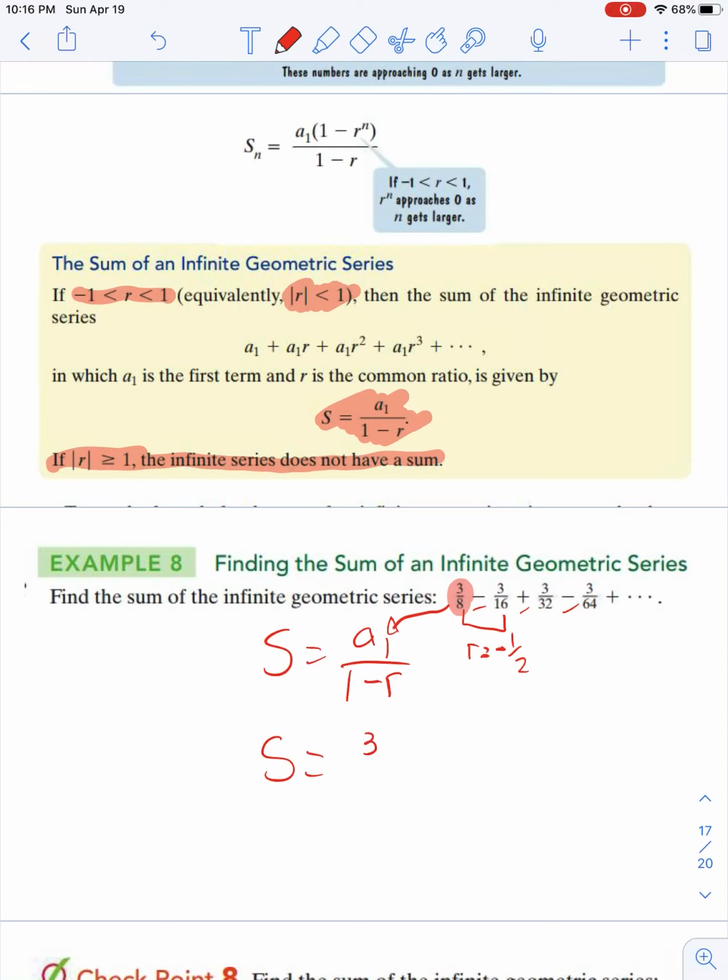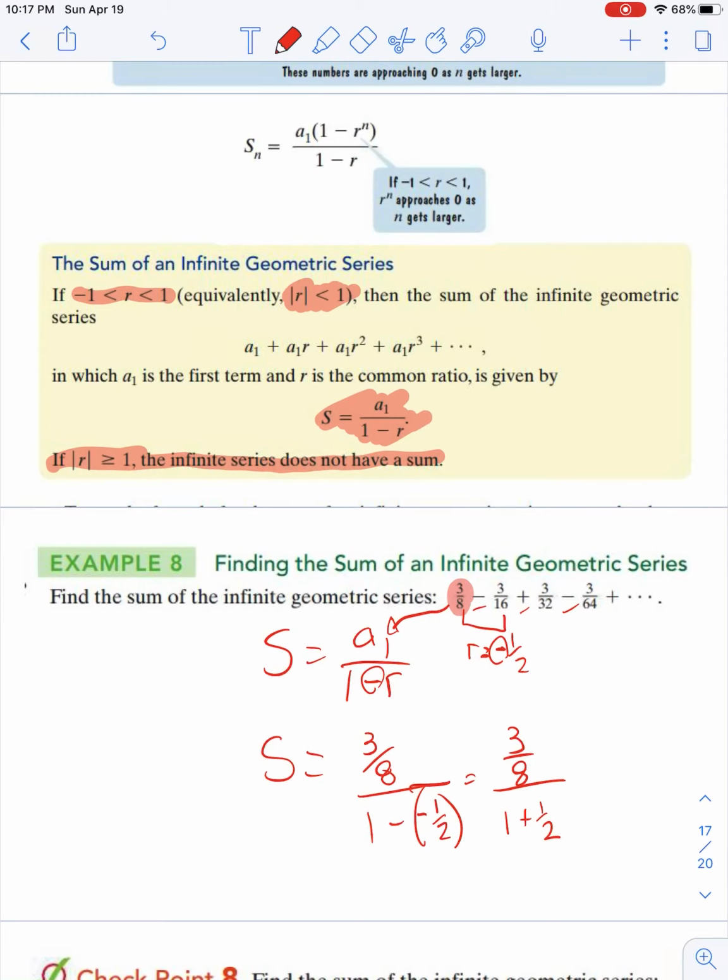With this, we're going to have 3/8 over 1 minus -1/2. These signs are very important when we're taking a look at these. So we're going to have 3/8 over 1 plus 1/2.